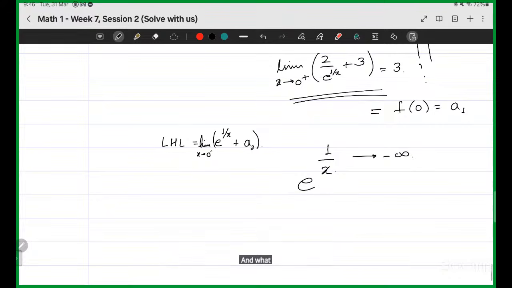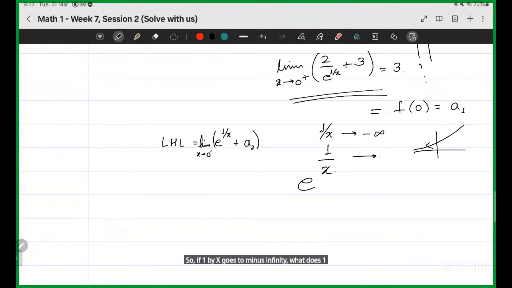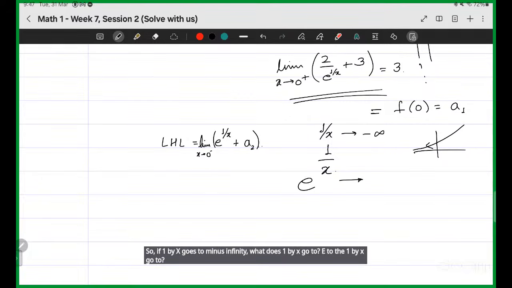And what is e to the 1 by x? The end behavior of e to the 1 by x, what is it? Or e to the x in general looks like this. So if 1 by x goes to minus infinity, what does e to the 1 by x go to? 0.